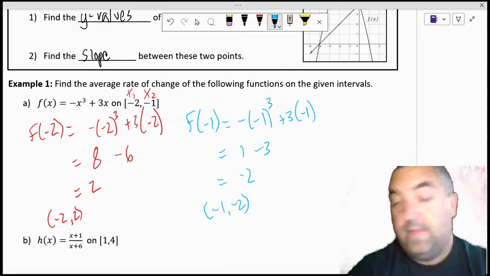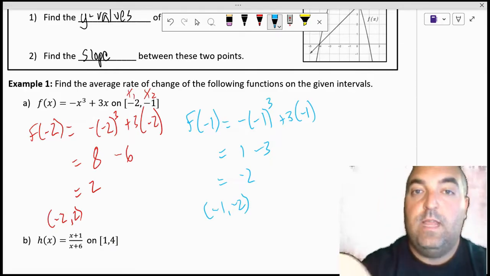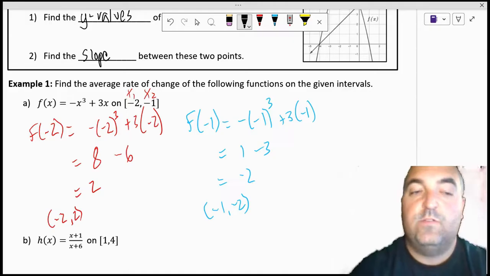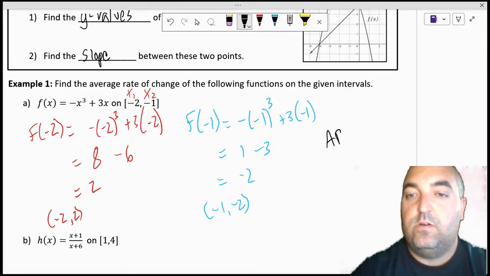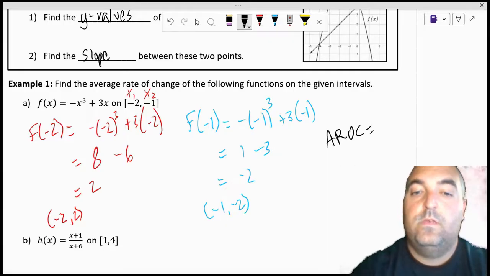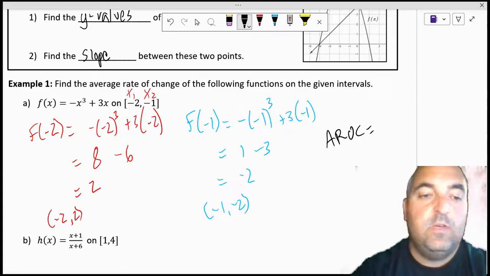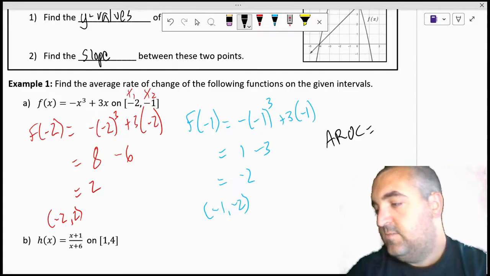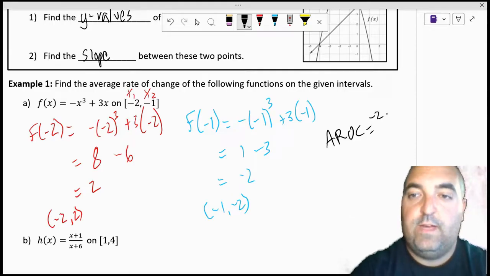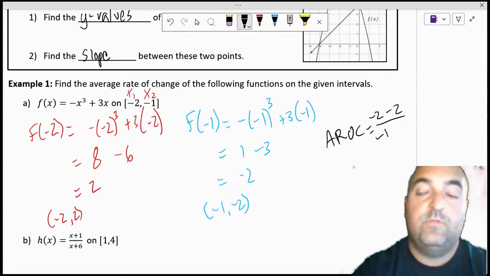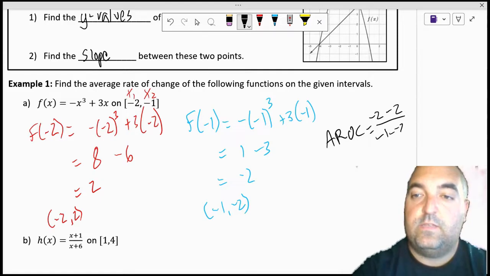Okay. And then once you have those, now we go ahead and do the average rate of change. Yes, it doesn't really matter which one you call x1, y1, x2, y2. For the sake of just the order I wrote it in, I'm going to do -2 as my y2 minus y1, and then that makes this x2, and then that makes that x1.